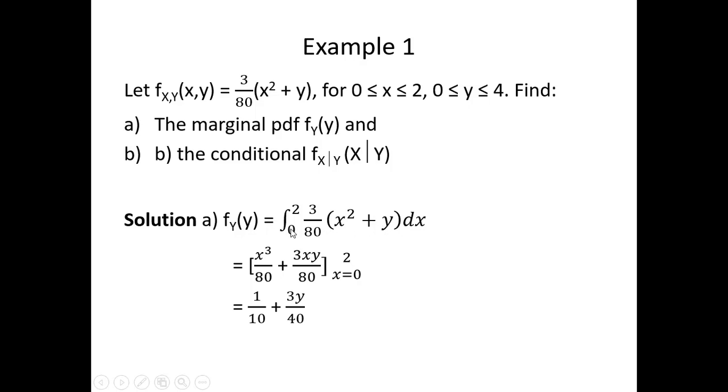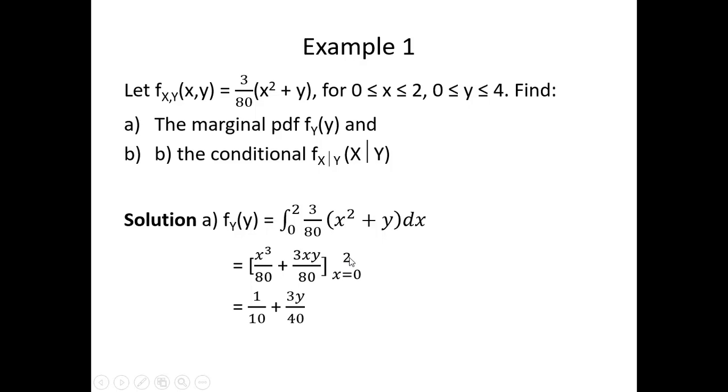So when we integrate this term here, you see we'll have 3 over 80 times x cubed over 3. The 3's cancel. We get x cubed over 80. And then here we have the 3 over 80 xy, evaluated from 0 to 2.